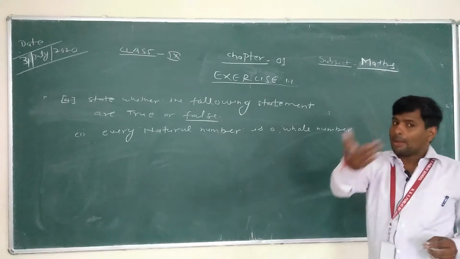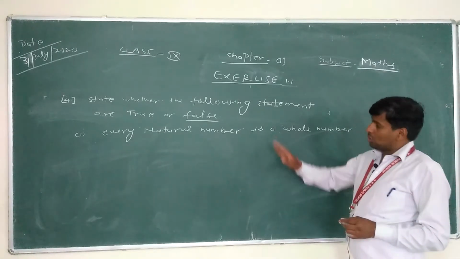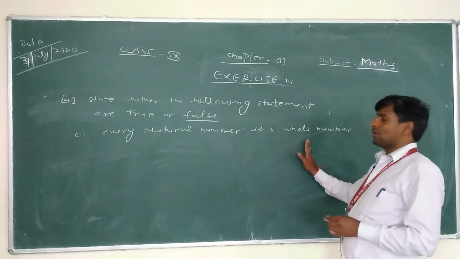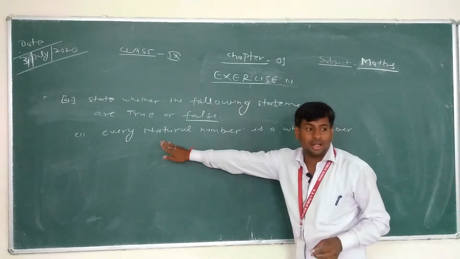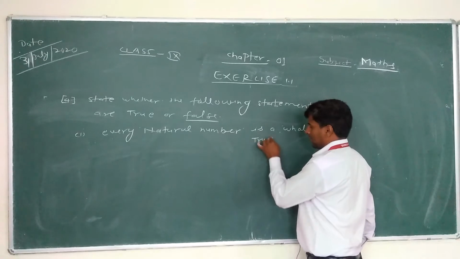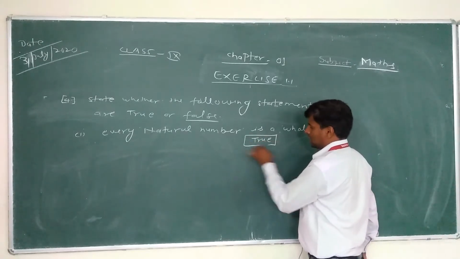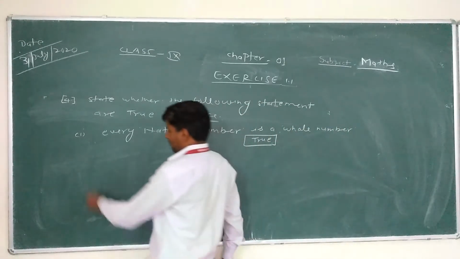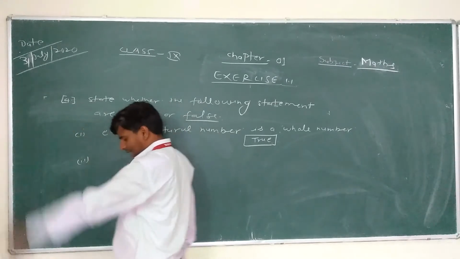But 0 is not a natural number. So every natural number is a whole number, but every whole number is not a natural number. So this is a valid statement.